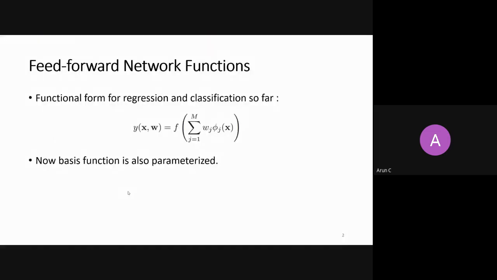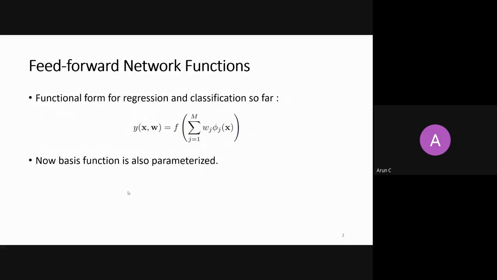So far what we have learned is regression and classification, right? And the idea was that we have basis functions, and we are trying to find a linear combination of those basis functions to fit a curve in case of regression, and to find a hyperplane in case of classification, right?